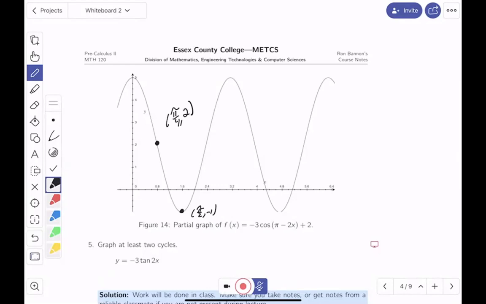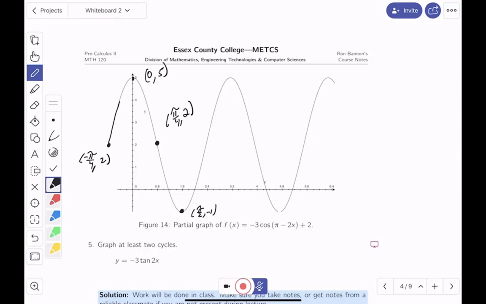Okay, what's the next point I got? 0, 5. Okay. Now someone says, what's the next point? And I really don't have it down, but I can put it down for you. And that was minus pi over 4, comma 2. I got to extend this picture now, right?